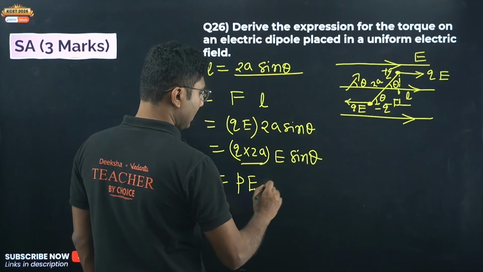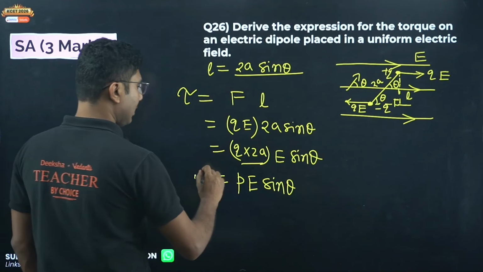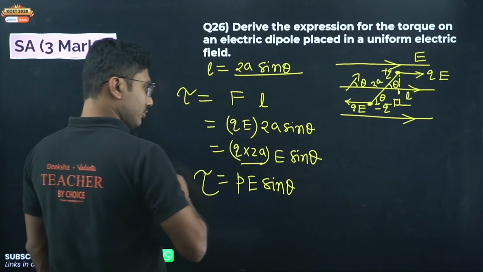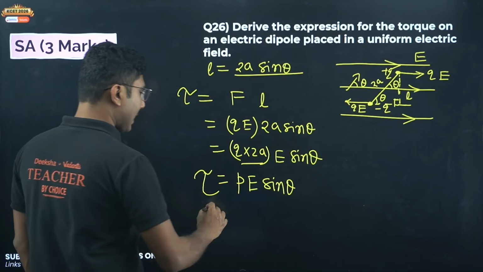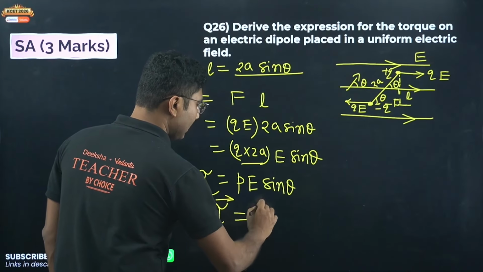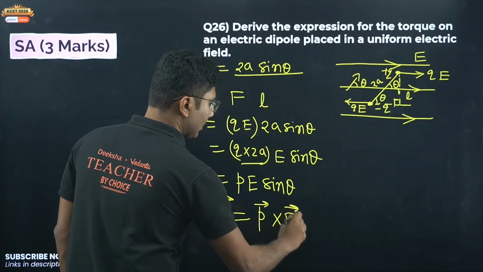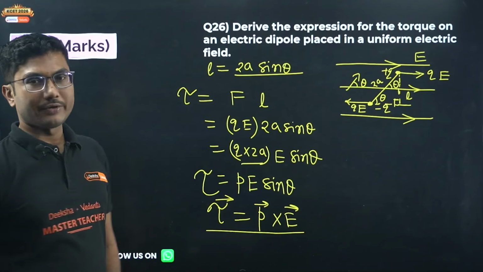So PE sine theta is the torque acting on the dipole. After that we can write this same thing in vector notation as P cross E. P cross E is the vector notation.